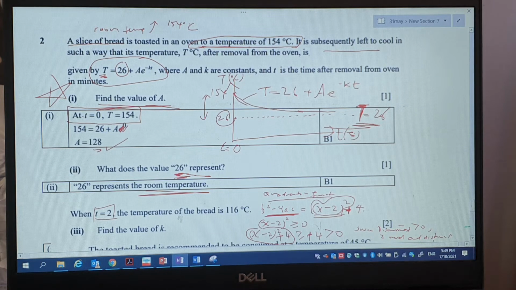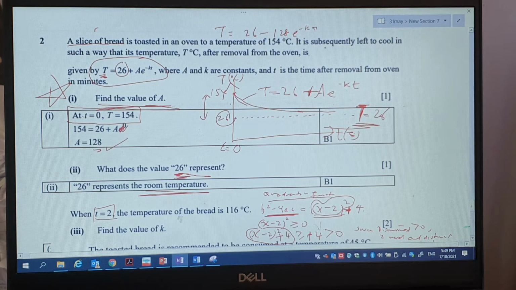Since we are on this topic, I've gone through with you how to sketch this kind already. Now let me just show you. Let's say the equation is T equals 26 minus, let's say, 128 whatever.